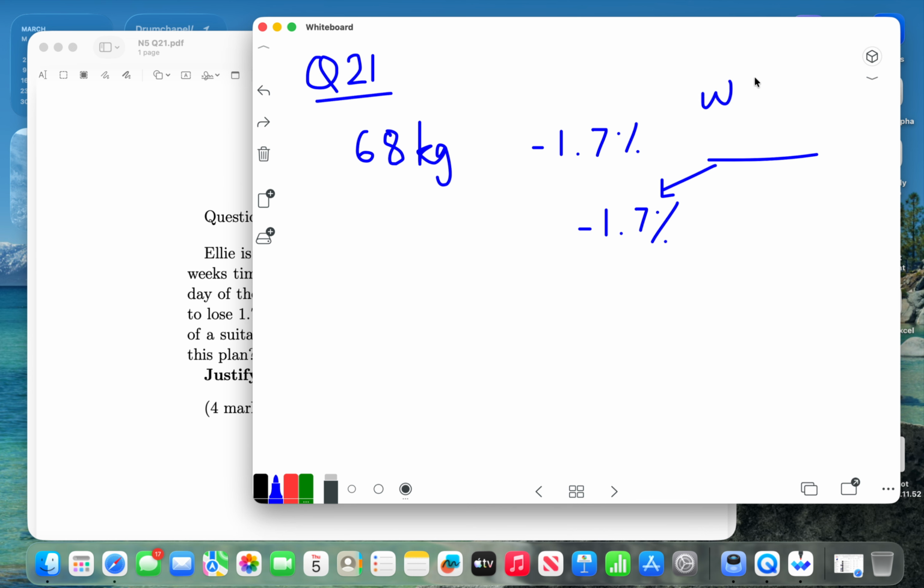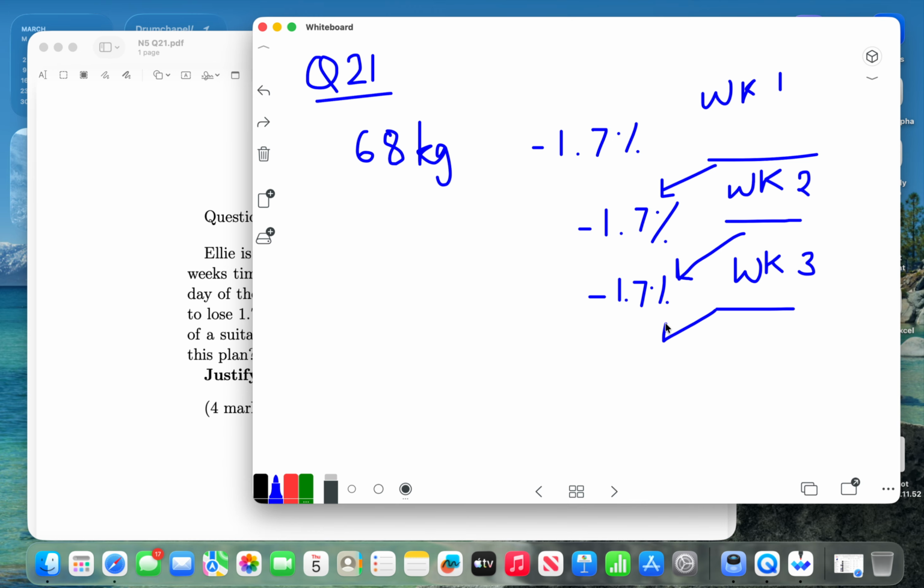This is after week 1. You get an answer, and this is after week 2. You then take away 1.7% again from the week 2 value, and you then get the weight after 3 weeks.